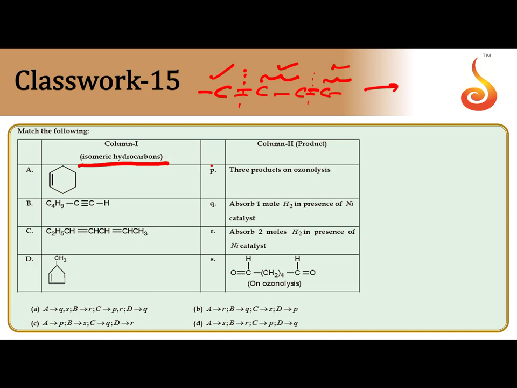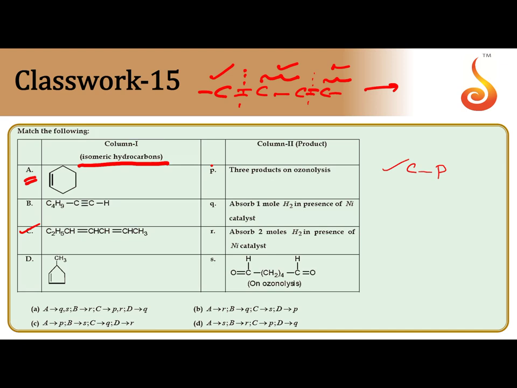So P is given by option C in the first column. So C and P is one pair. So with CP, option A and option C are showing. Coming to A in the first column, this is cyclohexene. Cyclohexene on ozonolysis gives only one product because this is cyclic.